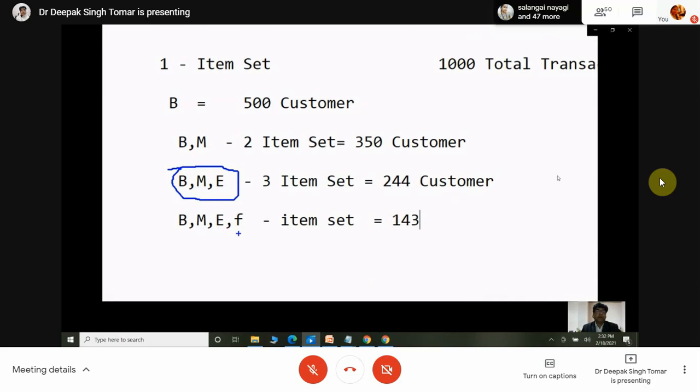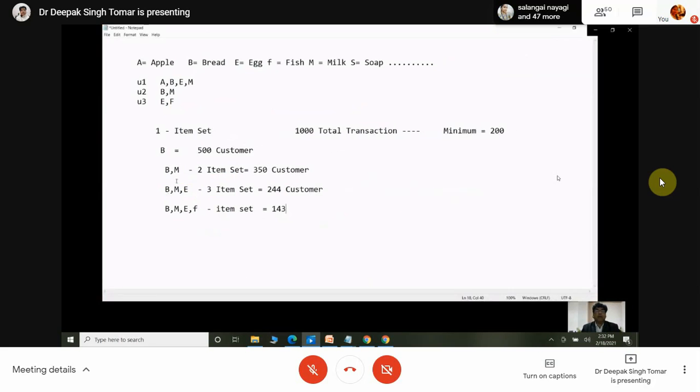If we put bread, milk, egg with say a soap, it will give less than that. So say for example, we find all the combinations: bread, milk, egg, and with the soap. So say we have this, this is also a length of 4 item set.